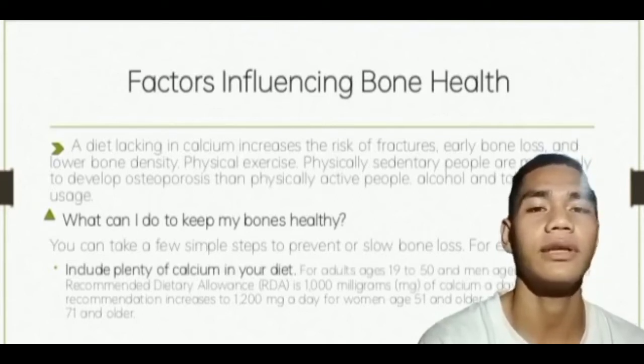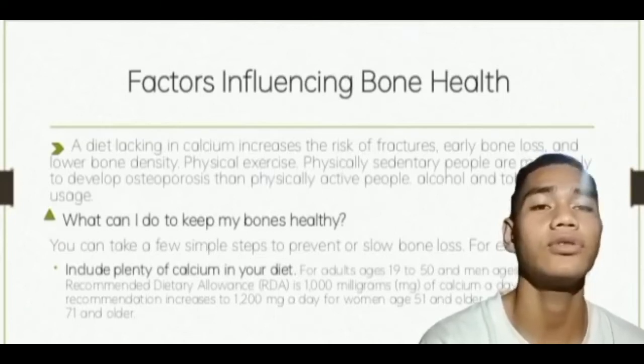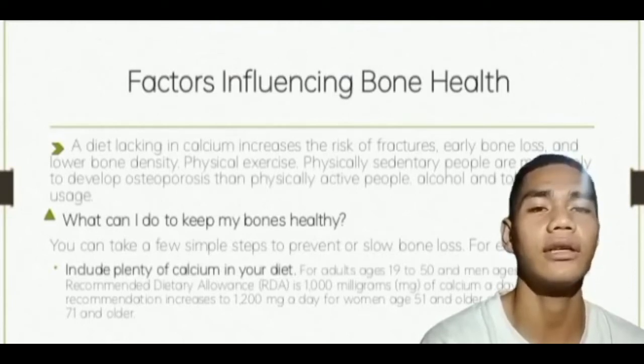For example, dairy products, almonds, broccoli, kale, canned salmon with bones, sardines, and soy products like tofu are all excellent sources of calcium. If it's hard for you to consume enough calcium through diet alone, talk to your doctor about taking supplements.